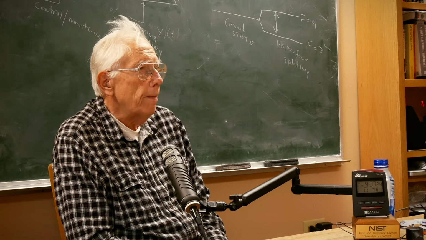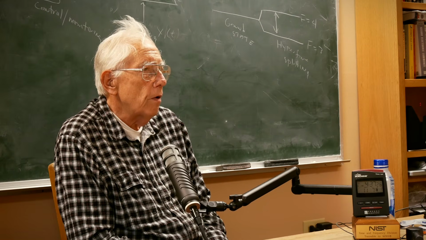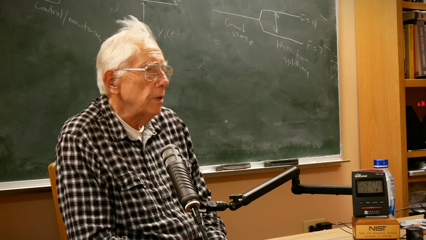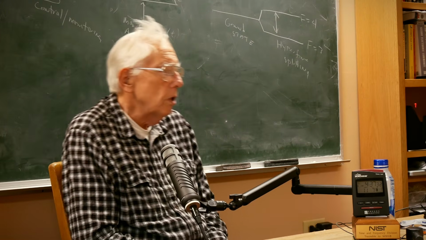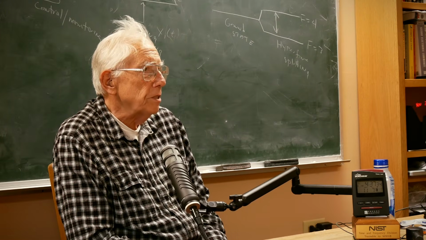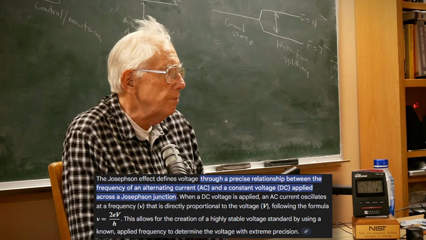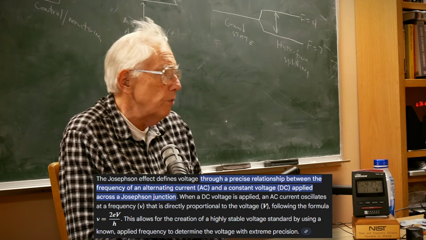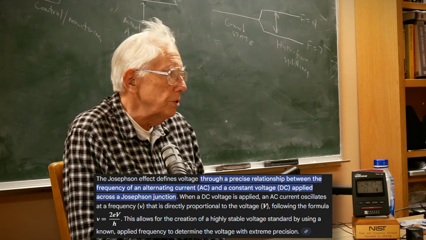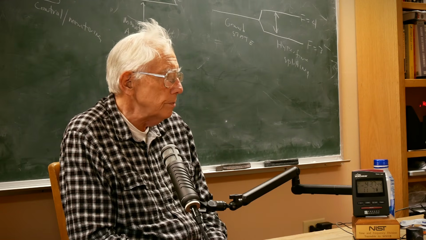Since atomic clocks are so sensitive, are they used as sensors also? Yes. Frequency standards in general are used as the standard of voltage by an effect called the Josephson effect, which relates frequency and voltage. So the standard of voltage is defined in terms of frequency.